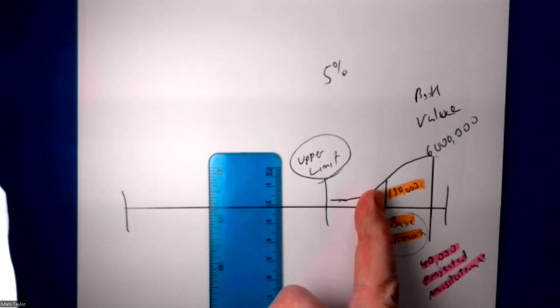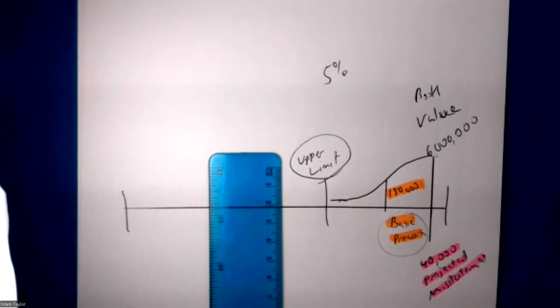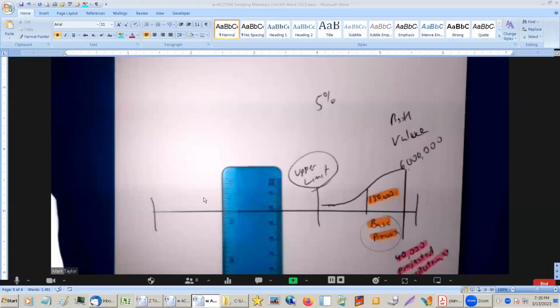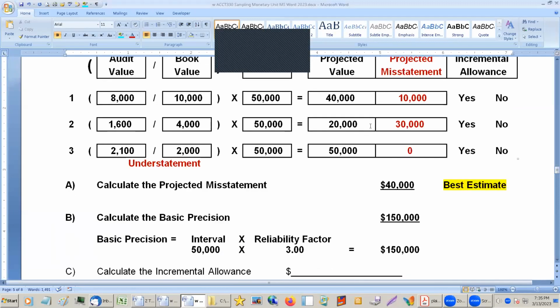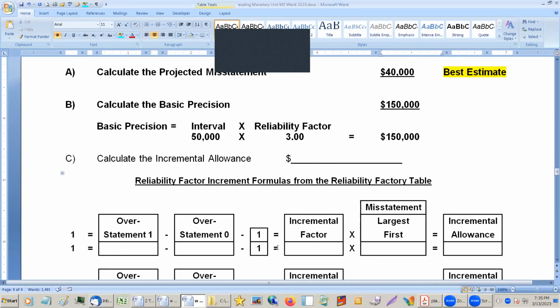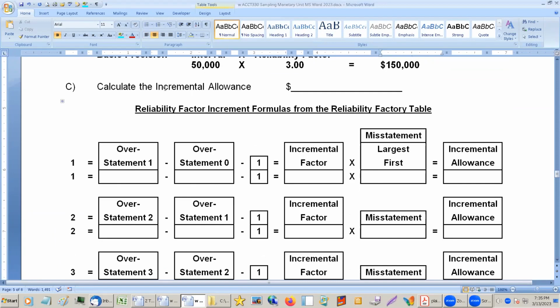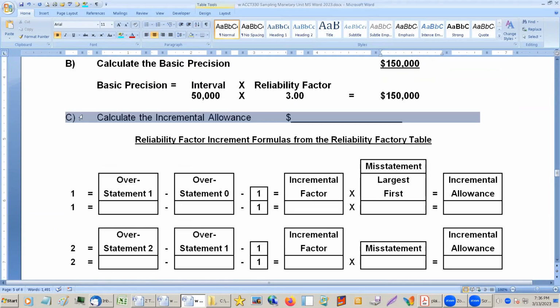But because this is a sample, it could be up by another 150,000, even if you didn't find any errors. Now, we know that we did find errors, and these errors up here are going to go into what we call the incremental allowance.